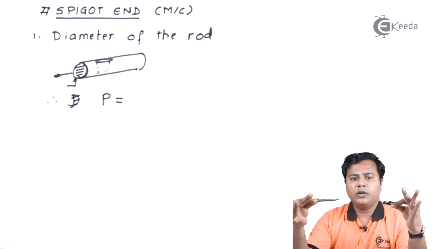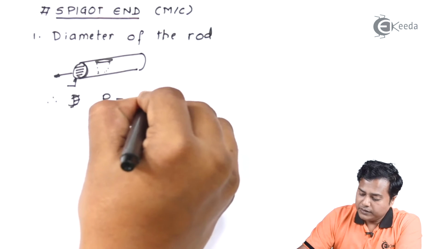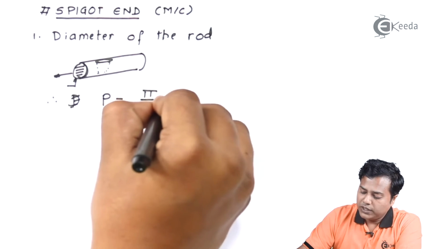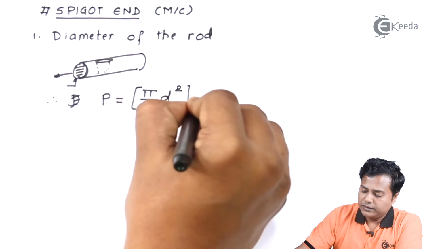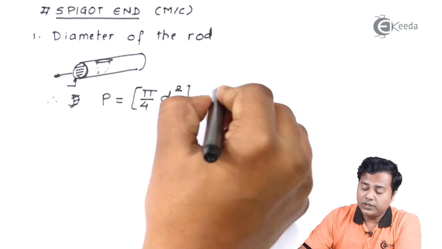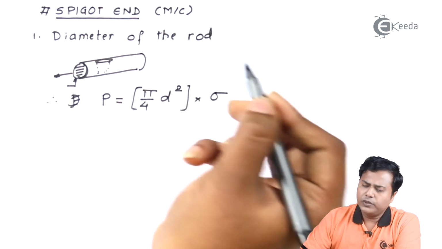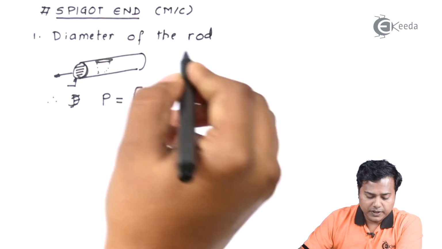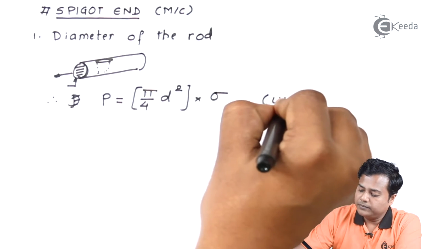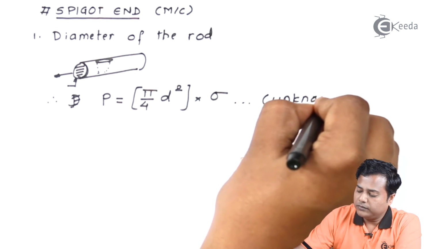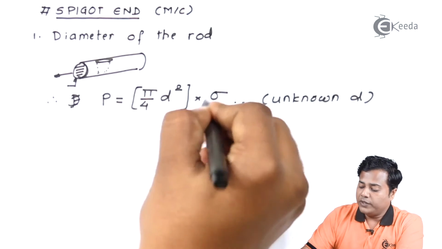In that case, the load applied is in tensile manner, and hence tensile force will be given by pi by 4 diameter square into the stress that acts on the body. Now this is going to be the direct stress, so we'll use the letter sigma for this direct stress. The unknown will be small d. P value and sigma values will be given.